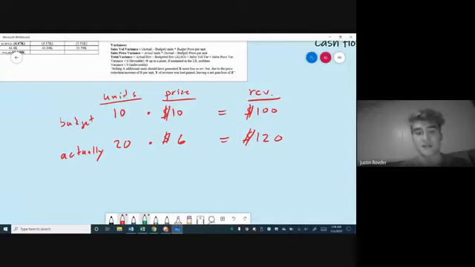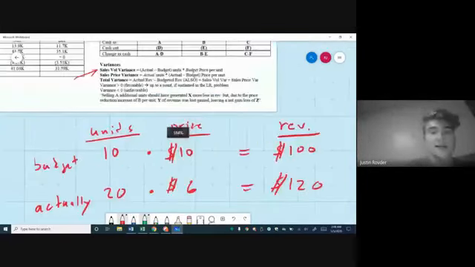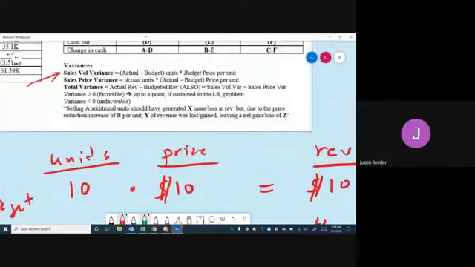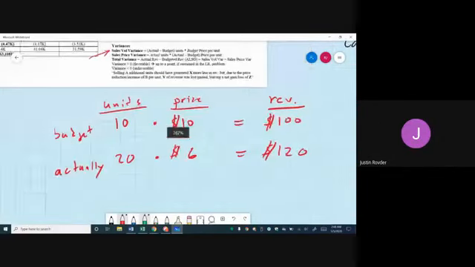But the sales variances just explain exactly how much the number of units and the price difference affected that overall revenue. So the first variance we're going to look at is sales volume variance. And that is the actual minus budgeted number of units multiplied times the budgeted price per unit. So in this case, the actual units were 20.